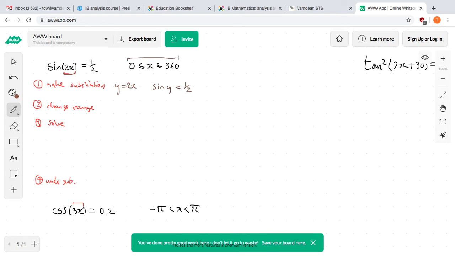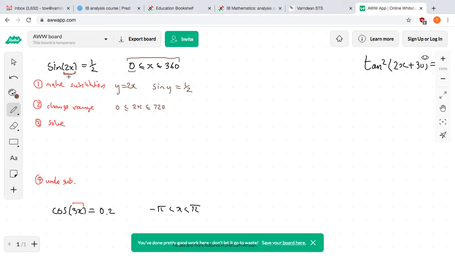So this is the range here. If it's a 2x, we're going to have to double the range. If it's a 3x, we're going to have to triple the range. So our new range is going to be, well look, here's 0. We're going to have to times that by 2, which is still 0. X times 2 is 2x, and 360 times 2 is 720.